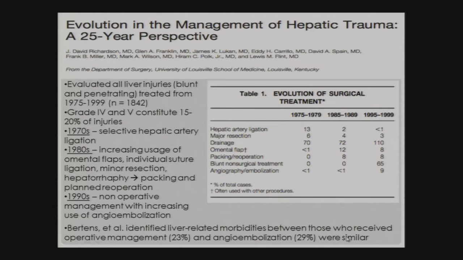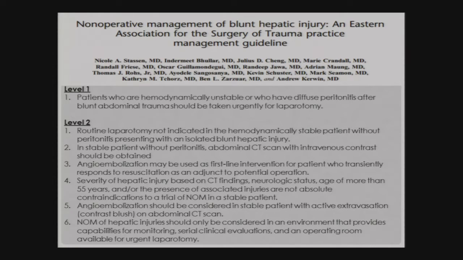So the kind of summary is non-operative management, and then you really need to be selective on who you decide to take for angiography. Again, level 1 recommendation, hemodynamic instability or diffuse peritonitis with blunt abdominal trauma should go to the OR for laparotomy. And these are actually the exact same level 2 recommendations, just with liver substituted.